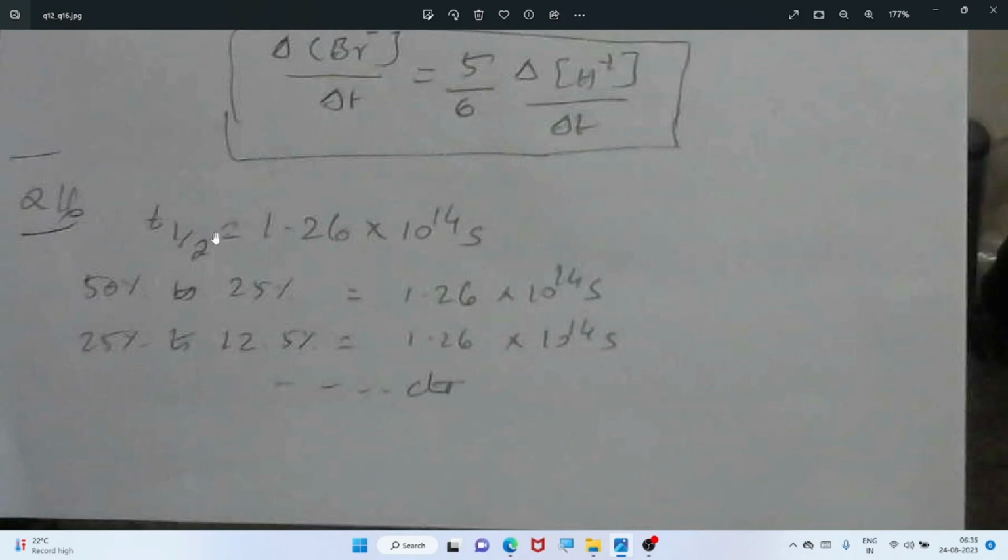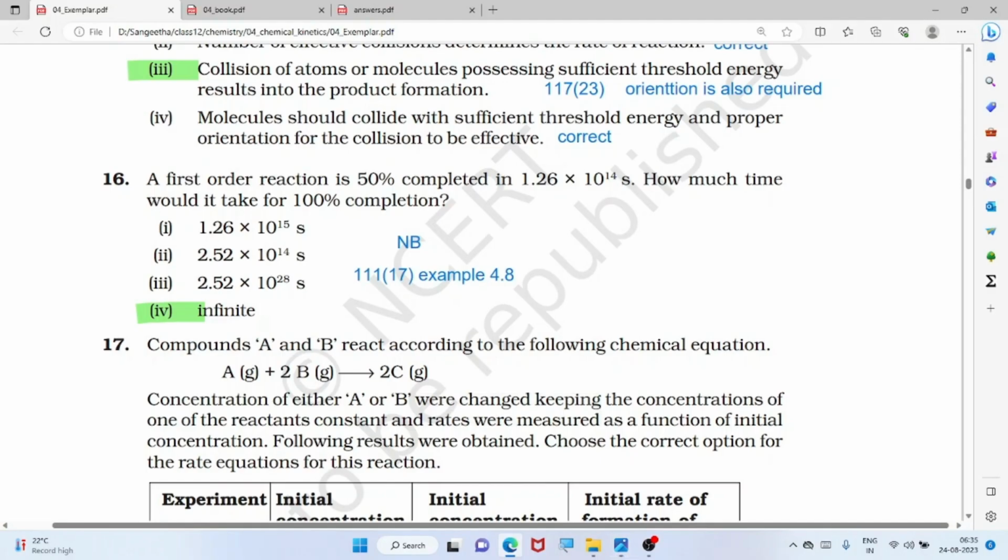So this is t half they are given, then 50% to 25% also the same time it will take. 25% to 12.5%, so 100% will never be reached in the reaction. Okay, that is why they are giving infinite. This is how it will keep on going, 12.5 again 6.2, like that. That is why infinite.